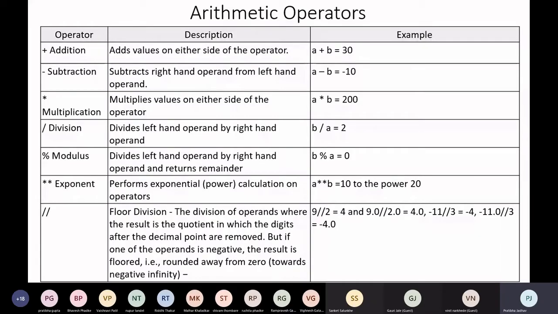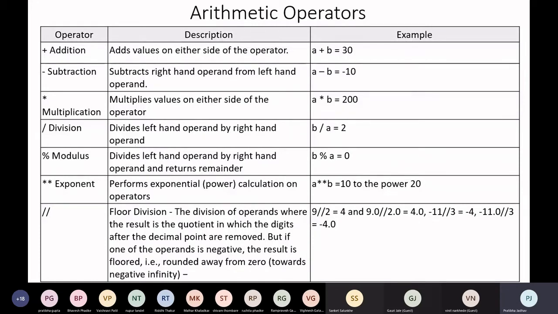Addition is used to perform the addition operation between two input data values. Subtraction is used for doing the operation of subtraction between two input values. This asterisk symbol is used for multiplication.